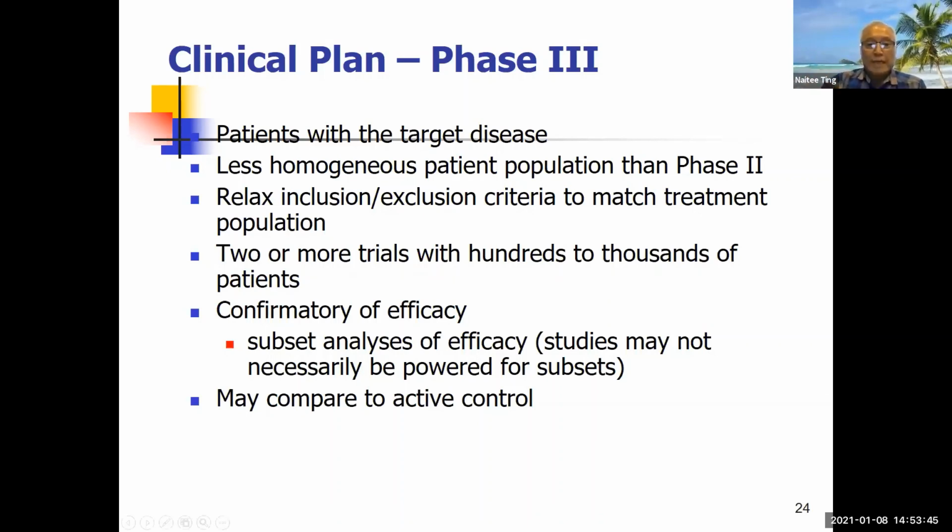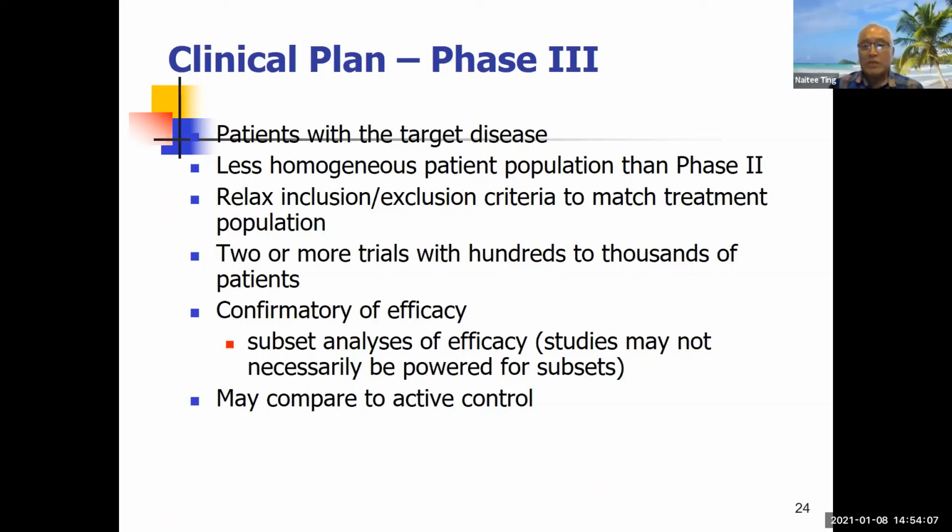Now, phase 3 is patients with target disease. So you want to mimic your phase 4 population. So the design considerations in phase 2 and phase 3 are fundamentally different. Because in phase 2 you're exploratory, you're trying to show the drug works.